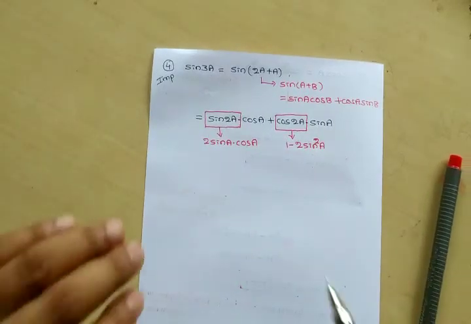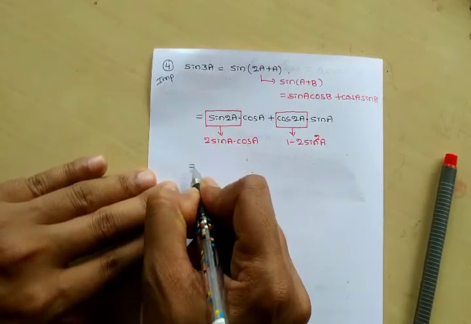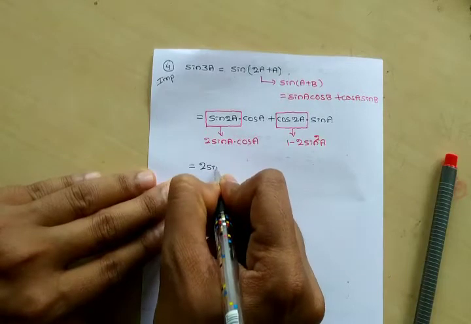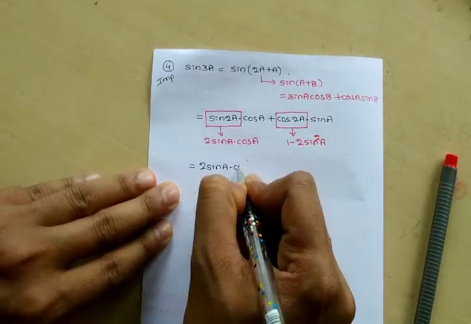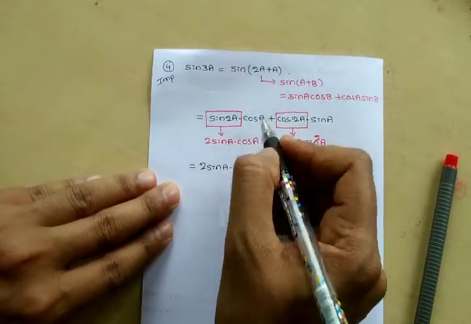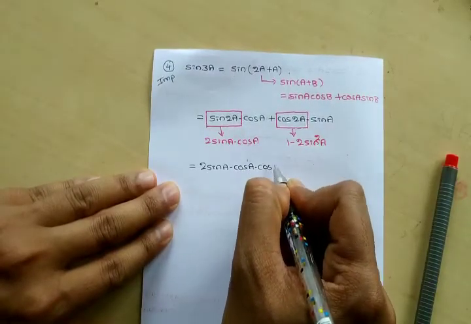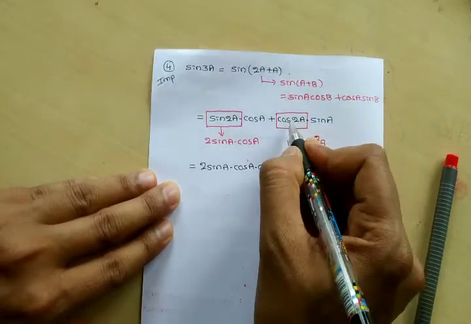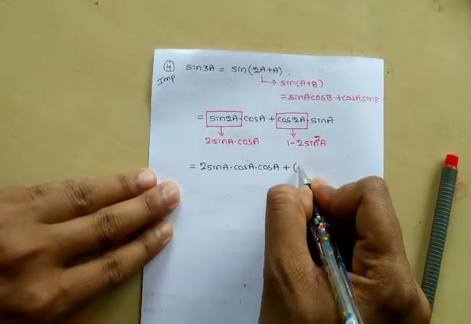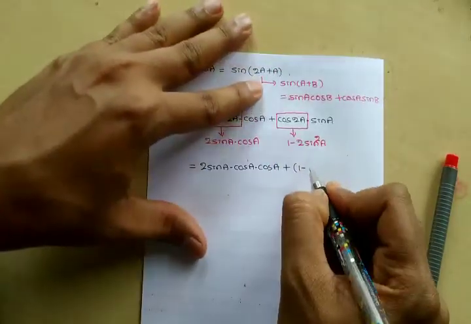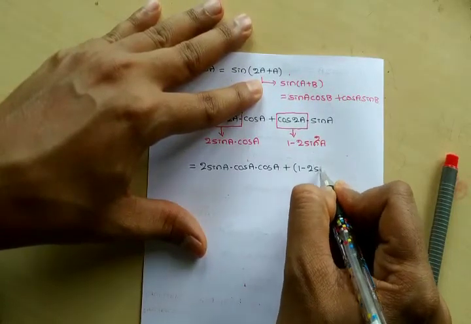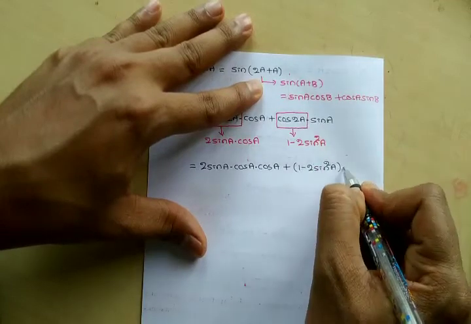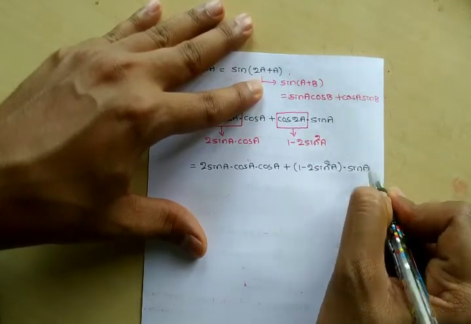So first replace. Sin 2A is nothing but 2 times sin A into cos A, into this cos A, correct? This cos A plus, next, cos 2A is nothing but 1 minus 2 times sin square A, into this sin A, which I am going to keep as it is.